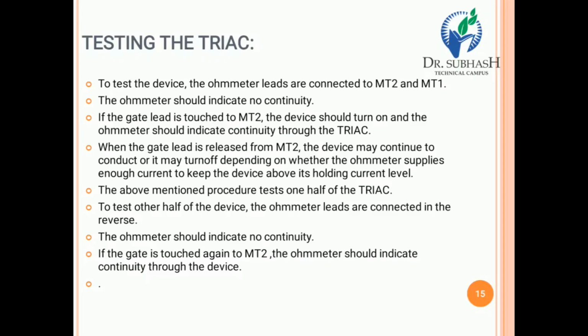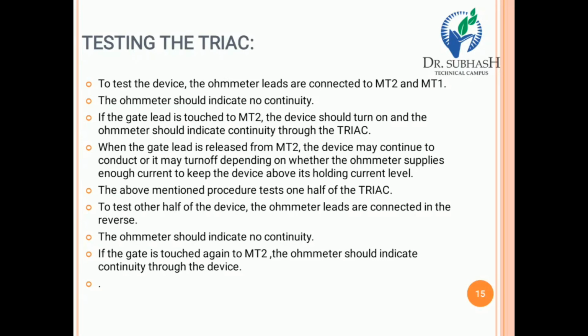If the gate lead is touched to MT2, the device should turn on and the ohm meter should indicate continuity through the triac. When the gate lead is released from MT2, the device may continue to conduct or it may turn off, depending on whether the ohm meter supplies enough current to keep the device above its holding current level.